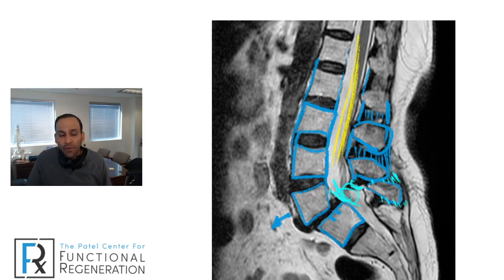So if you have hypermobility, whether you've been diagnosed with it or you think that you have it because you're double jointed, and if you're starting to develop some low back pain, number one, be careful about doing any excessive manual therapies or cracking type maneuvers, because that could make your hypermobility worse. But also, if you're having low grade back pain that keeps poking its head up, you might want to get that checked out with appropriate physical examination and imaging to make sure that we're not dealing with a spondylolisthesis that's gradually starting to occur.